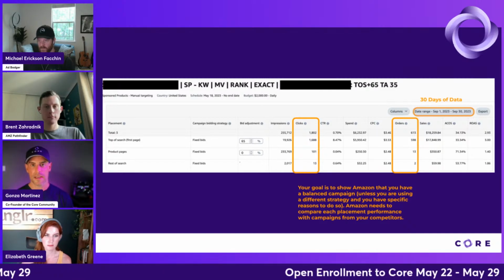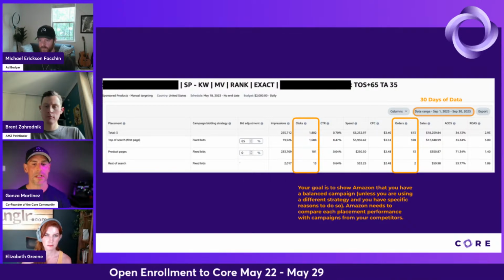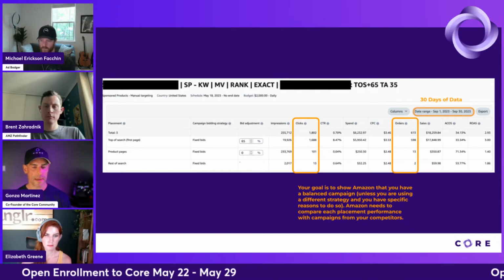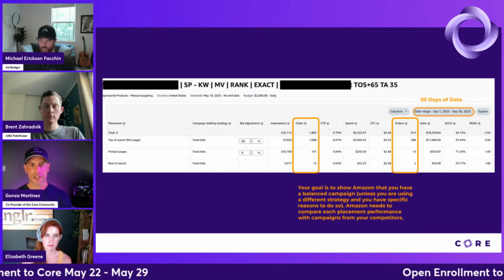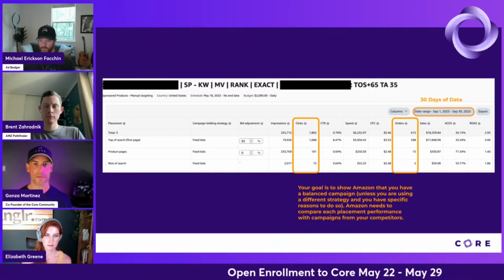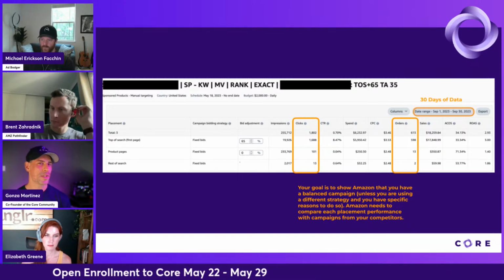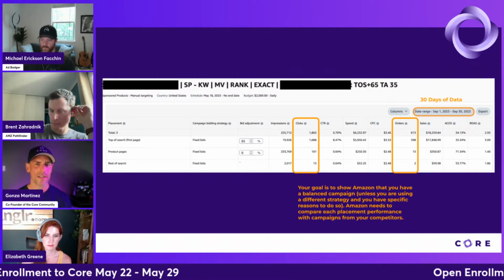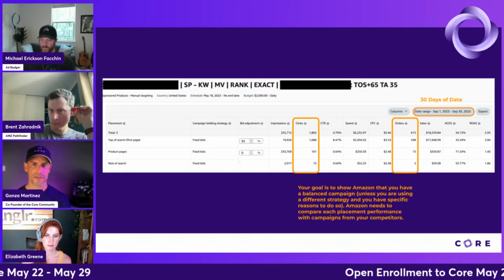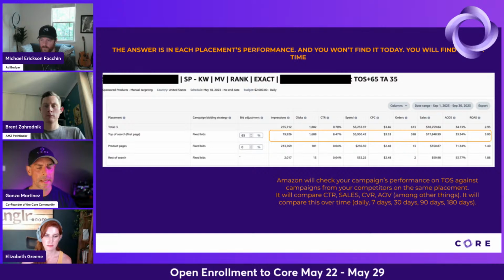And then if I want to concentrate on top of search because my particular product demands it, I do it at a later time. But ideally, you need to show Amazon good performance in all three placements, because if one day you decide to go top of search only, Amazon has to understand and agree with you that, yeah, these guys are making me a lot more money on top of search. They want more top of search. There you go, I'll give it to them, right?